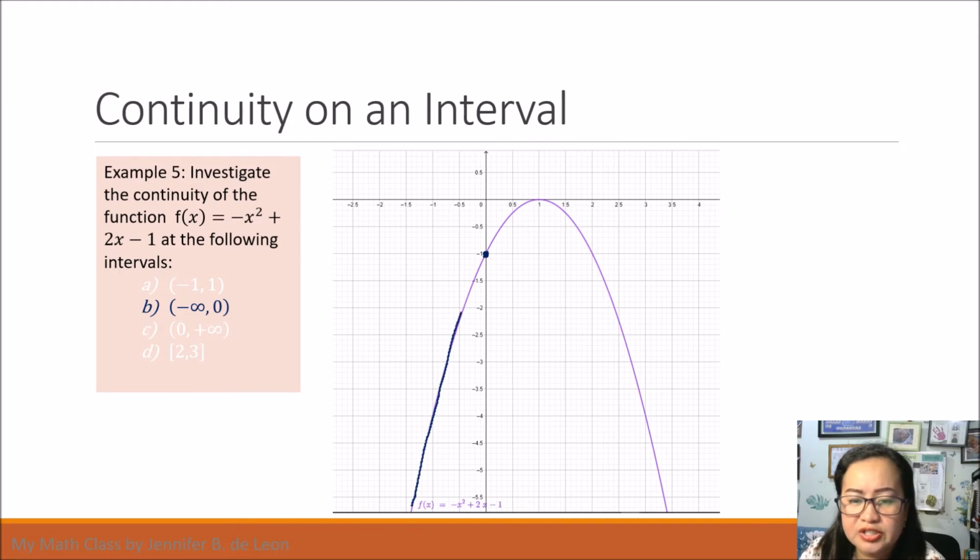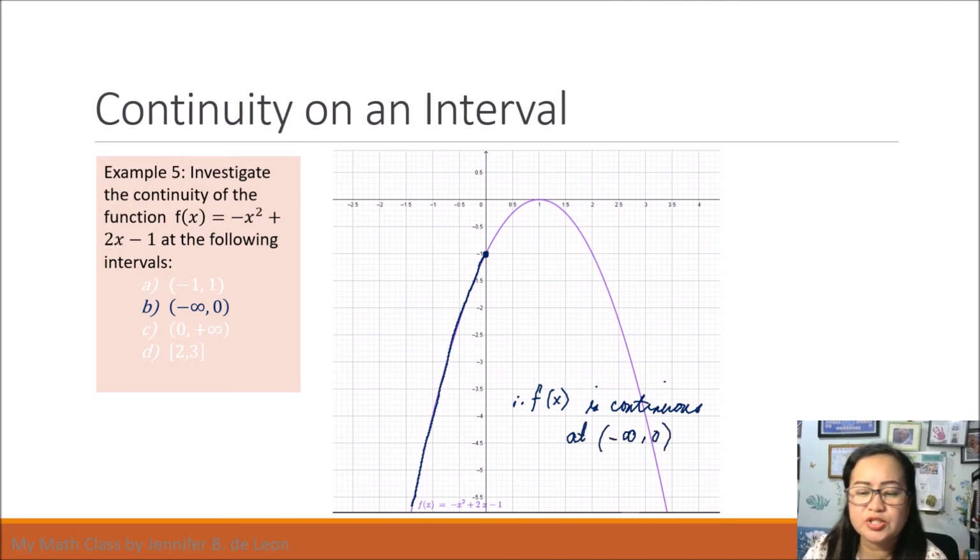We can clearly see that we can trace the graph without lifting from the left side of 0. Therefore, we can say that f of x is continuous on the interval from -infinity to 0.